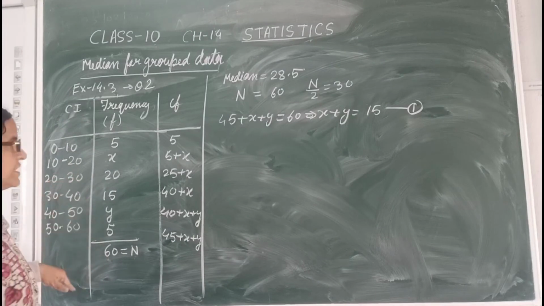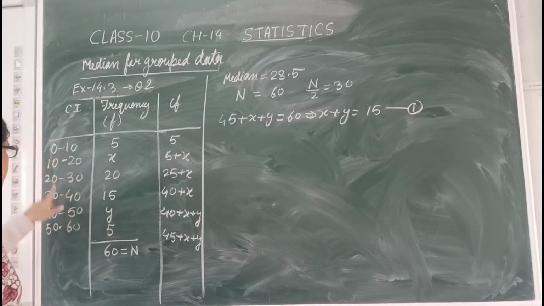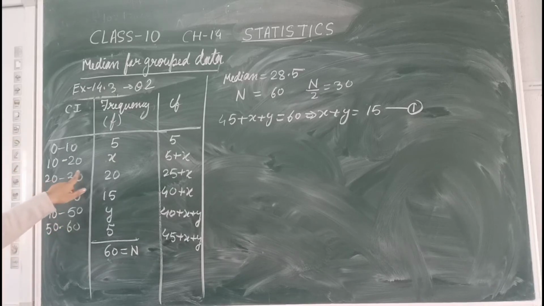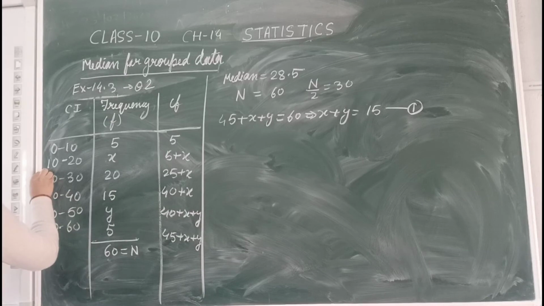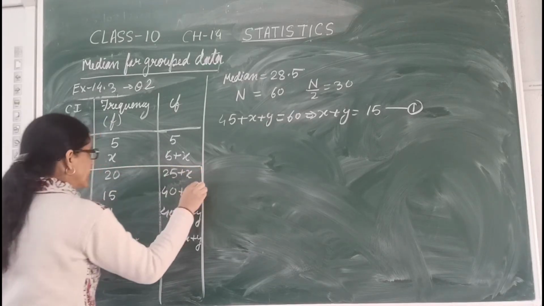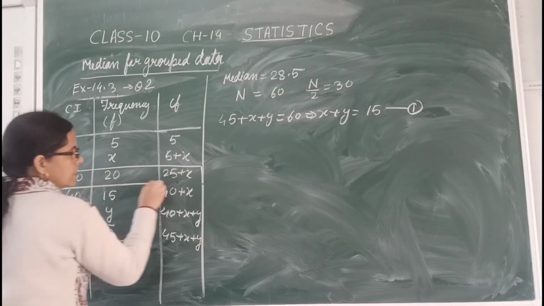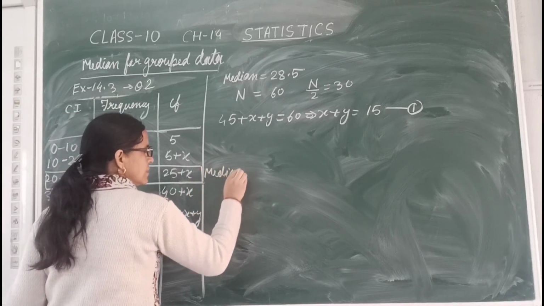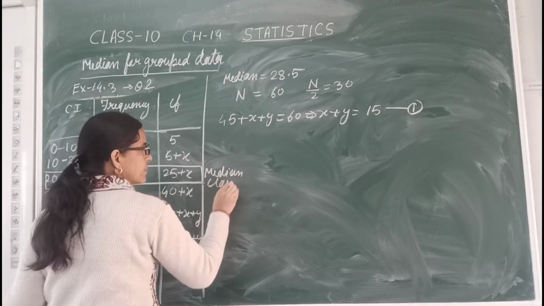Now, median is 28.5. So let us find in which class interval 28.5 will come. So obviously 28.5 will come in the interval 20 to 30. So this is our median class. Median class.